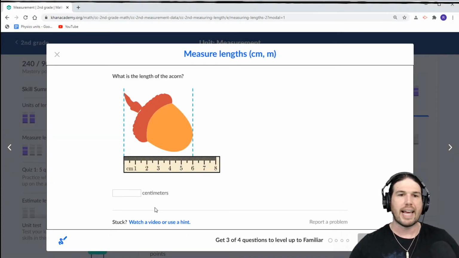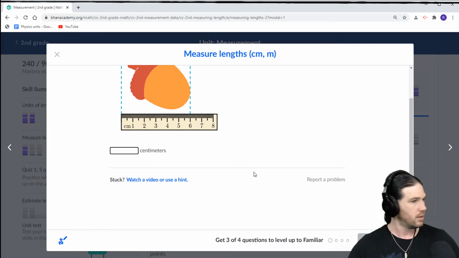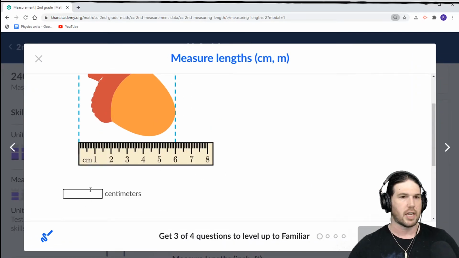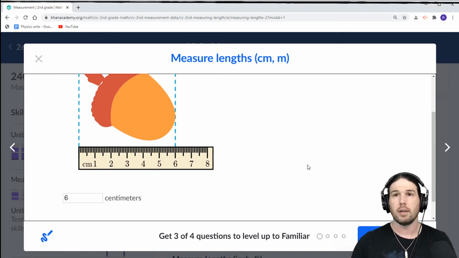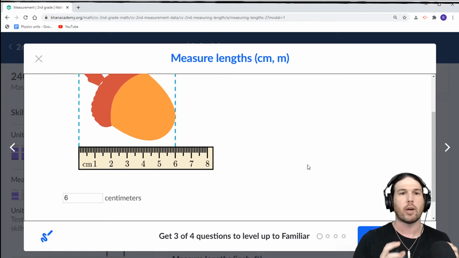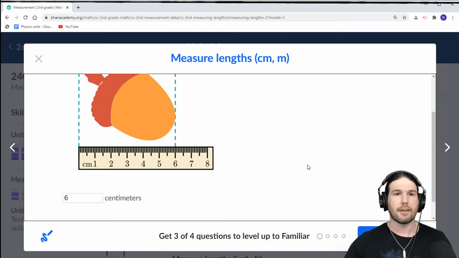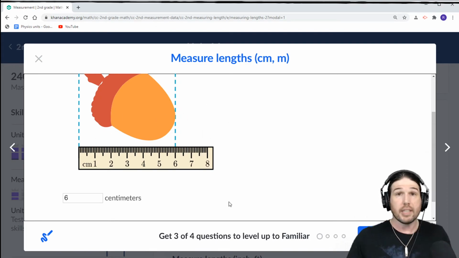So now we've got an acorn that is 6 centimeters long. And I bet later on we're going to end up having the acorn not start at 0. Like if the acorn was between 2 and 8, that would still be 6, right? We just wouldn't have started it at the same spot.